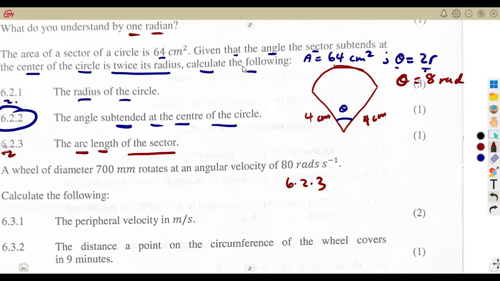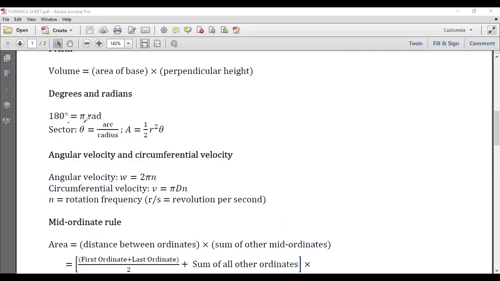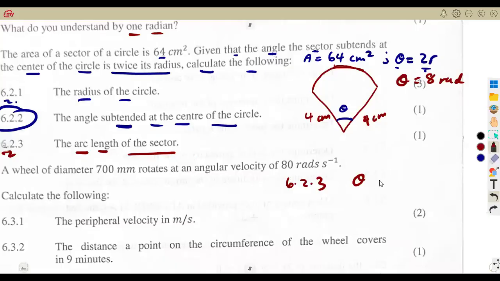It is giving us a relationship between the arc length, this formula that is given here. Theta is equal to arc over radius. What are they trying to say? Okay, let me write down the way that they wrote it there so that you understand it also. Theta is equal to arc over radius.